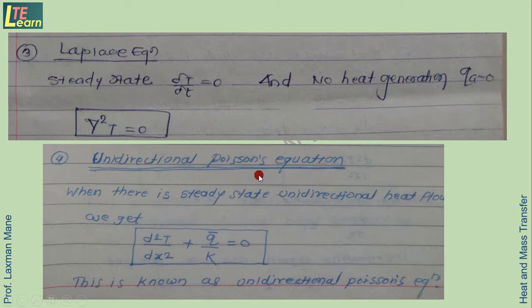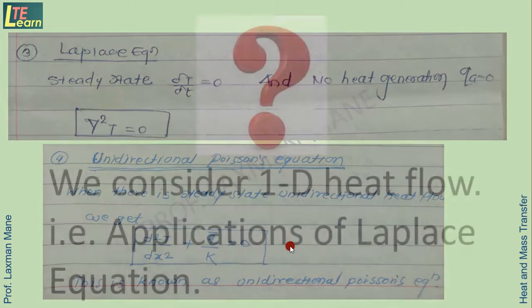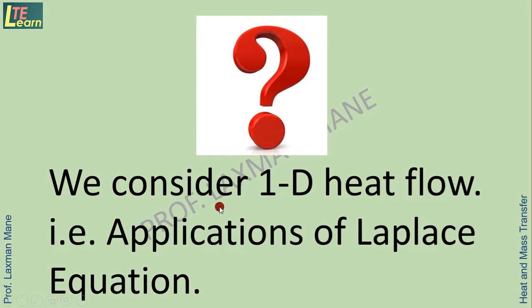When we consider only one direction, along x direction, the equation for steady state with internal heat generation is this. This is known as the one directional Poisson's equation. Now, why do we consider one dimensional heat flow, that is, applications of the Laplace equation?